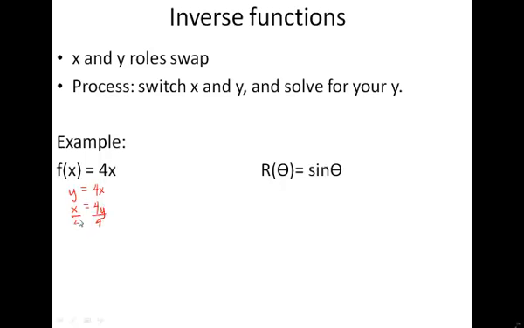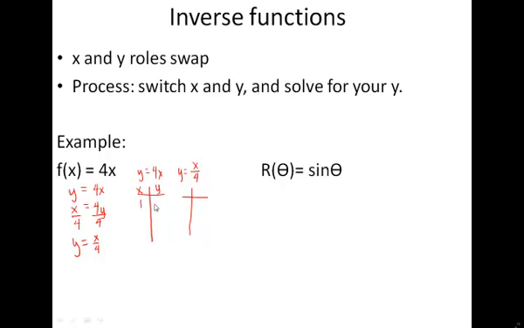And so it is of no surprise at this point that multiplication of 4 onto a number, the backwards look at it would be saying, take that number and divide it by 4. If you were to look at the xy table of y equals 4x and then y equals x over 4, what we would get is that swap.